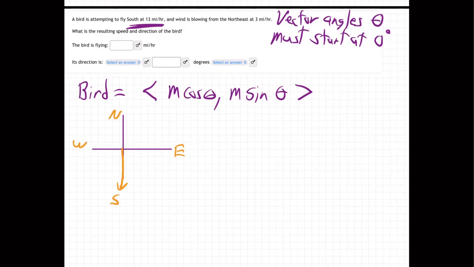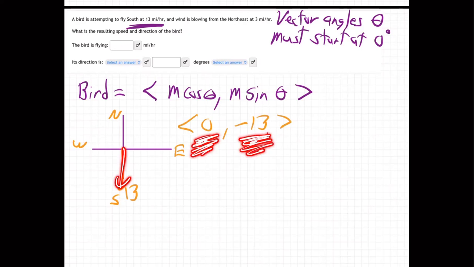You could say it's flying 13 miles an hour straight south. You could say, look, it's just going down 13 and over 0. That's the bird vector. It's going to the right 0 and down 13, right? This vector goes right 0 and down 13.